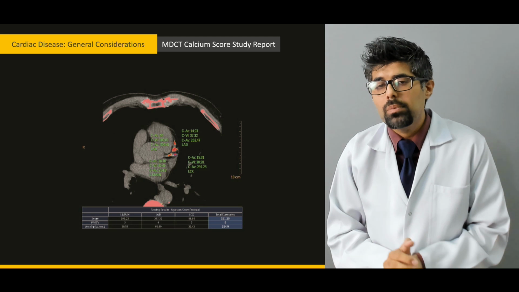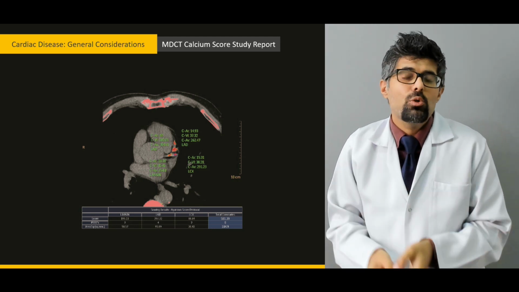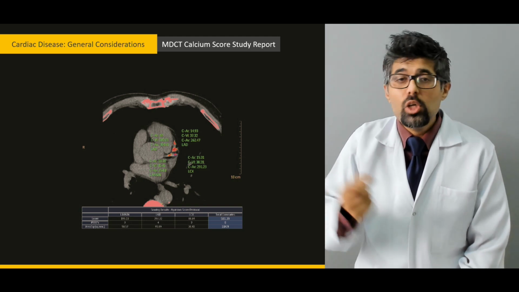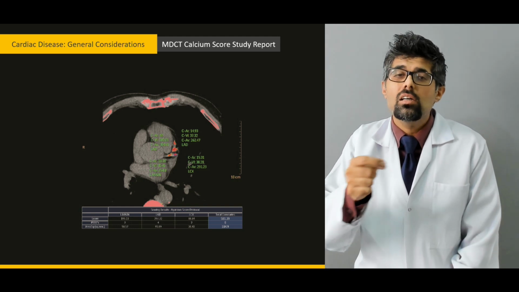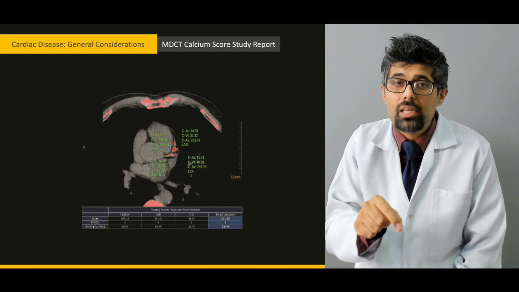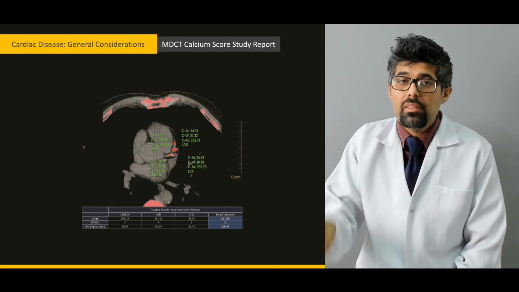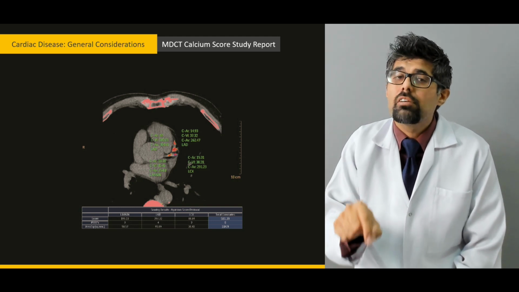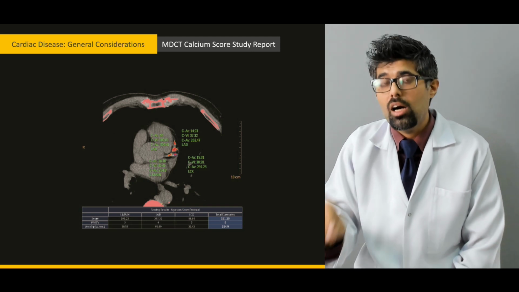We use a multi-detector CT and use low dose X-rays to only visualize the calcium that is present in the atherosclerotic plaque in the coronary circulation. That low dose CT X-ray gives us a score in all three of the coronary arteries.